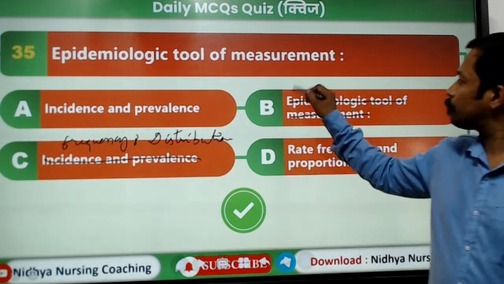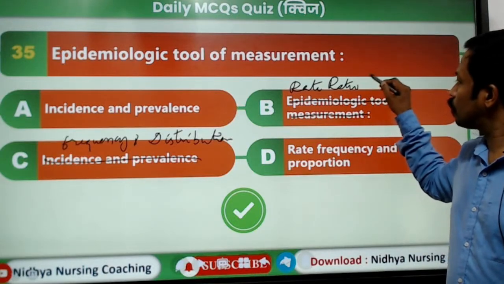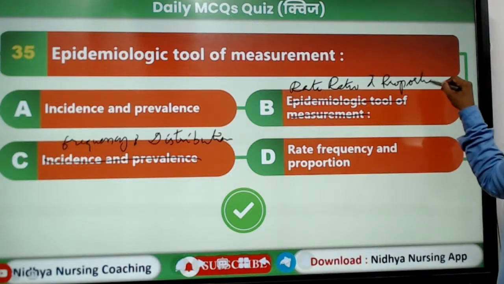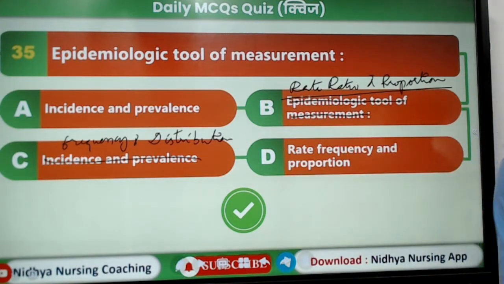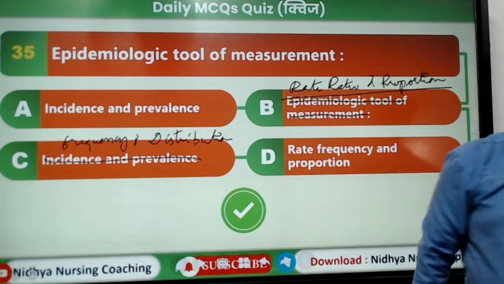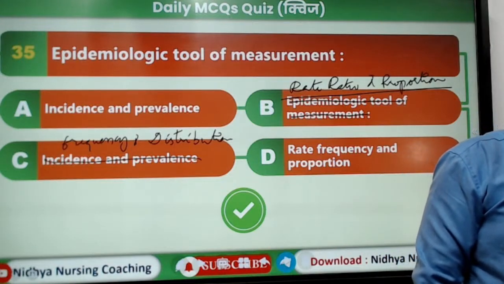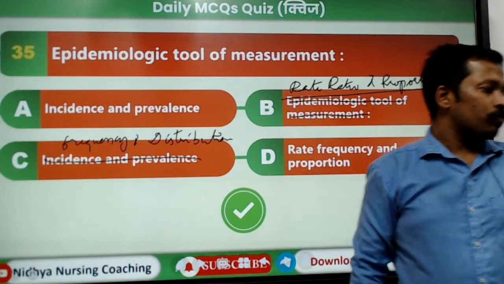Rate, ratio and proportion. These are the options.